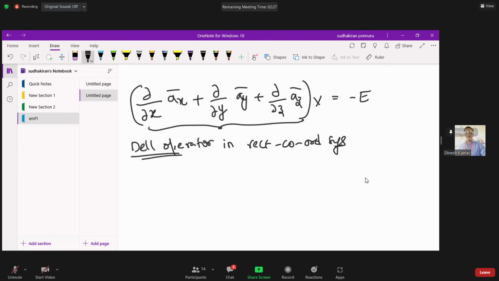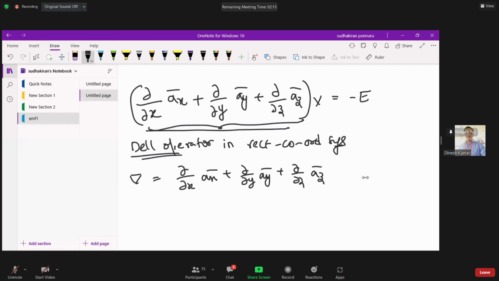So del is equal to ∂/∂x ax bar plus ∂/∂y ay bar plus ∂/∂z az bar. I am replacing this entire term with del. So del of V is equal to minus E.